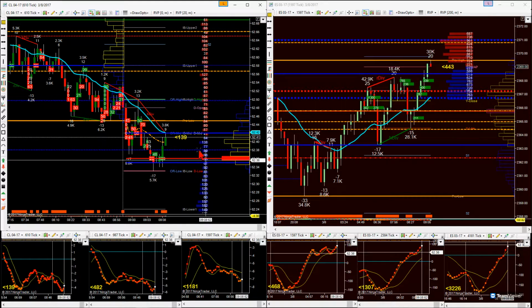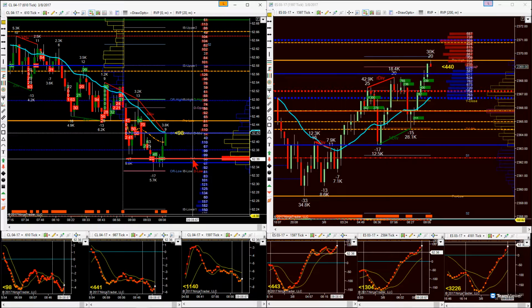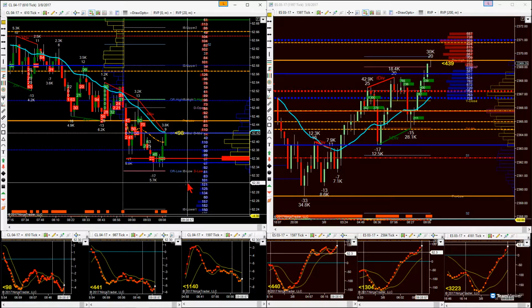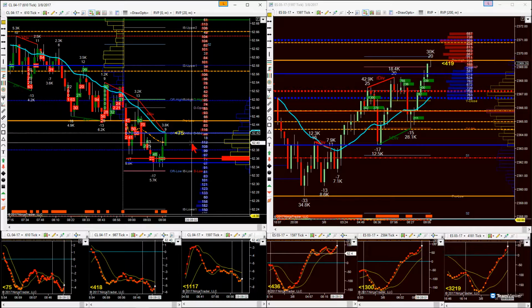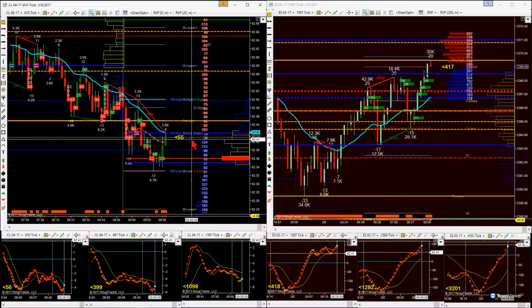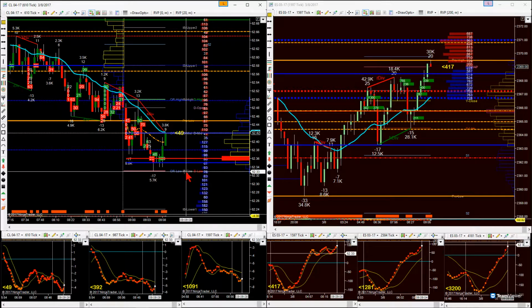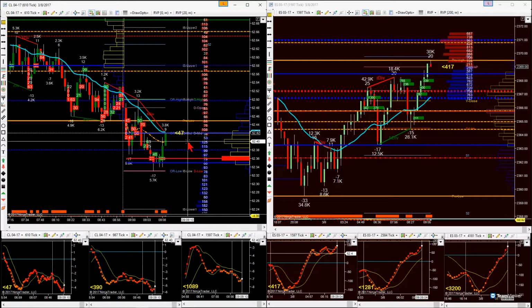We would still be willing to take a long because of how close we are to this level, but our stops would be very tight, right off of overnight low, maybe a couple of ticks below it. But I'm more interested right now in looking for a potential short opportunity.